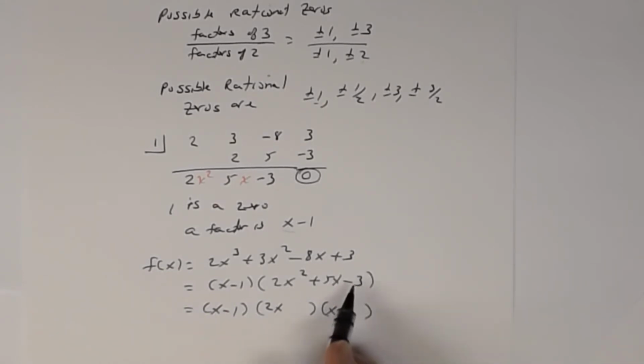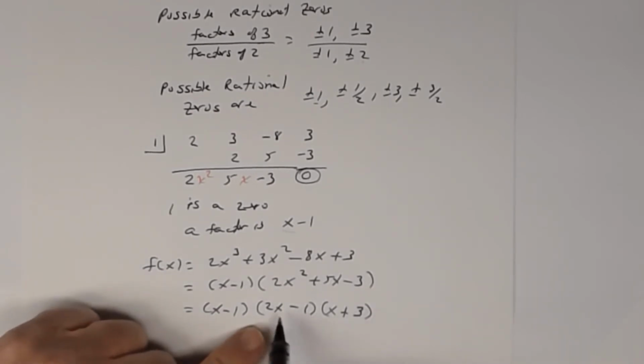One has to be positive, one has to be negative. So let's see. I think what's going to work is that 3 has to go here, 1 has to go here. And since the middle term is a positive 5x, then that has to be positive, this has to be negative. And let's check. So we have 2x times x is 2x squared. A -1 times 3 is a -3. The outer is 6x, the inner is a -1x, and we get 5x.